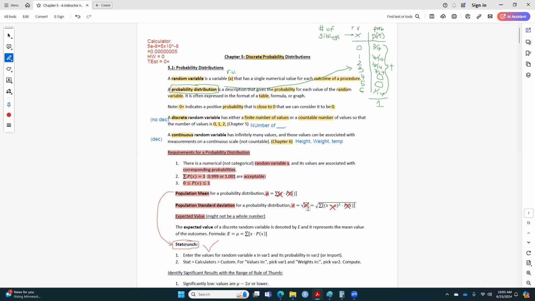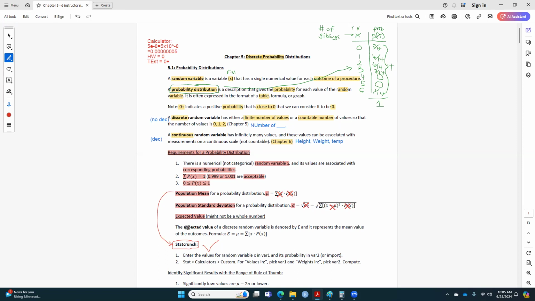So in this class, the other class, and the next class, I'm expecting to see like 3 siblings or 2 siblings. I'll give an example of how we figure this out.